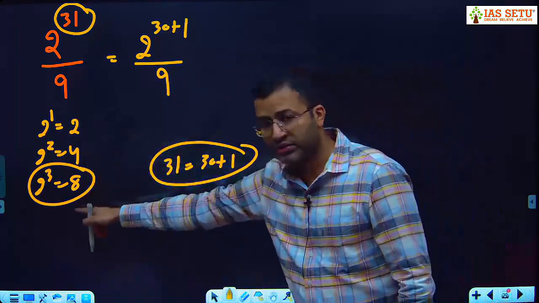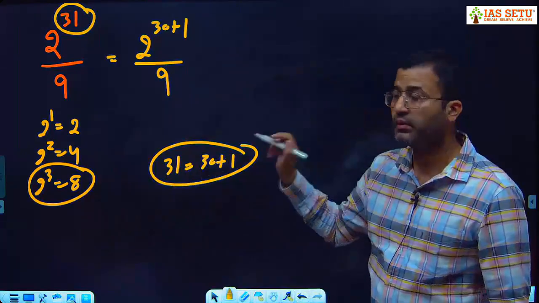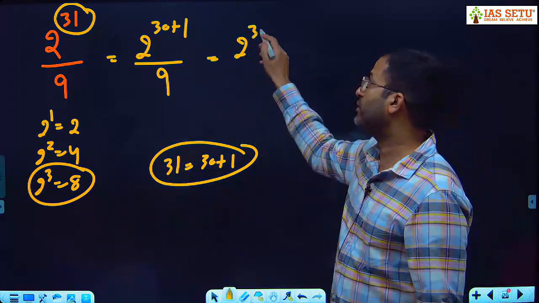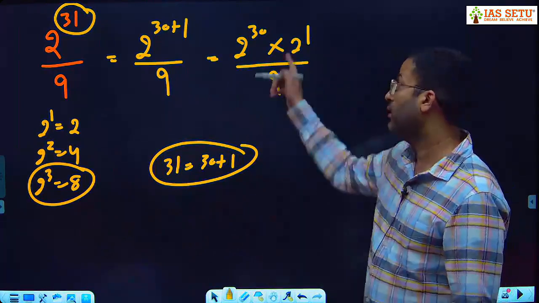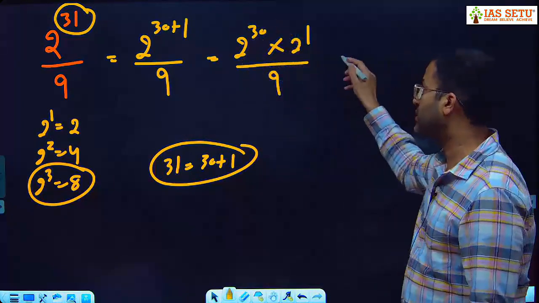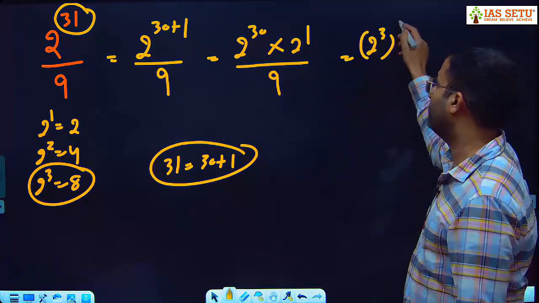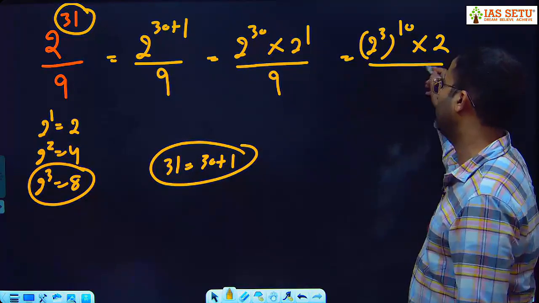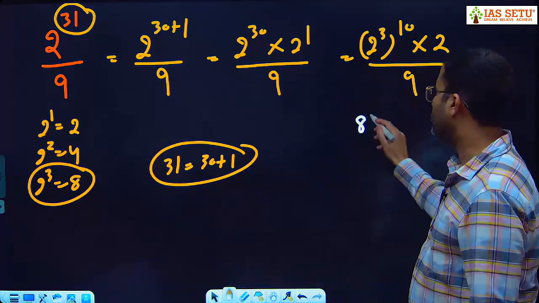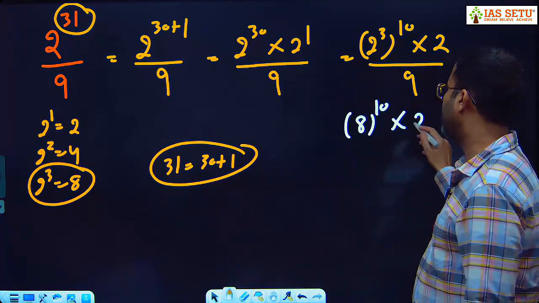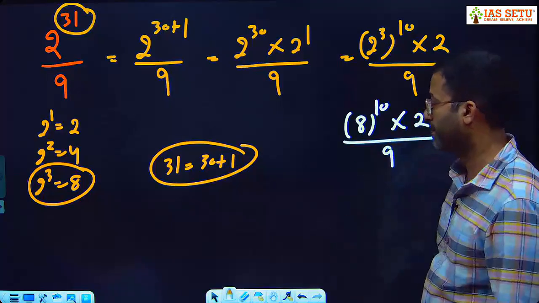Any doubt in this step? Then we write it as 2 to the power 30 into 2 to the power 1 divided by 9. We can manage it. Yes, 2 to the power 3 bracket 10 into 2 divided by 9. Now what is this? 8 to the power 10 into 2 divided by 9.